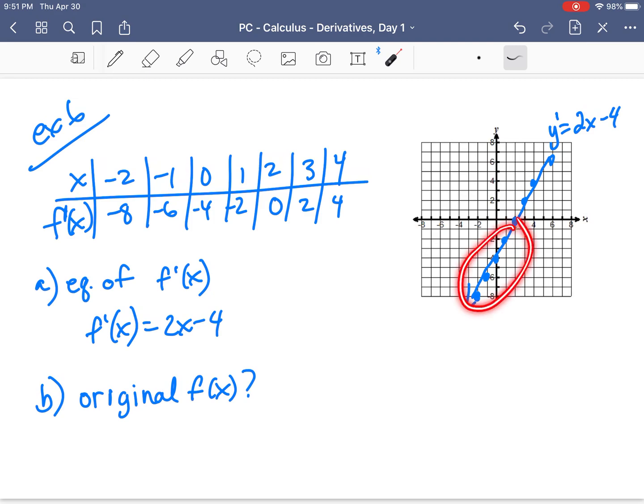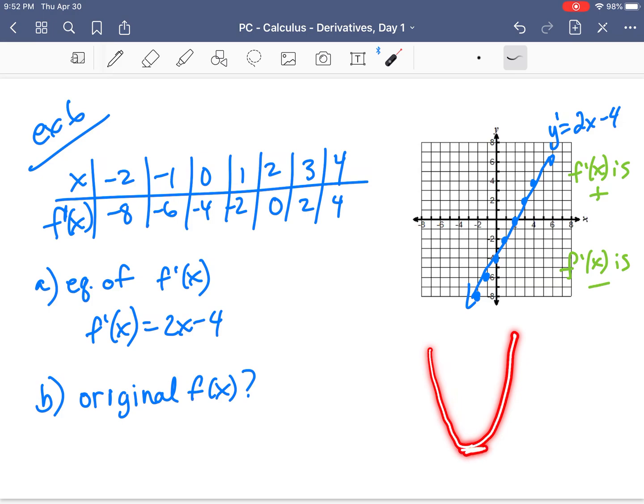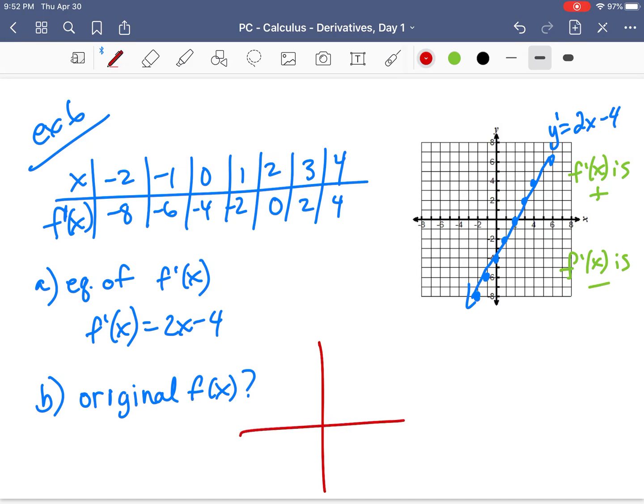Before 2, my derivative, because remember, this is a graph of the derivative, is negative, and after 2 my derivative is positive. So what's happening to me is I'm going down, and then I'm coming up. And then right here is where my derivative was 0, and that corresponds to right there. So my original function has to look like this then.